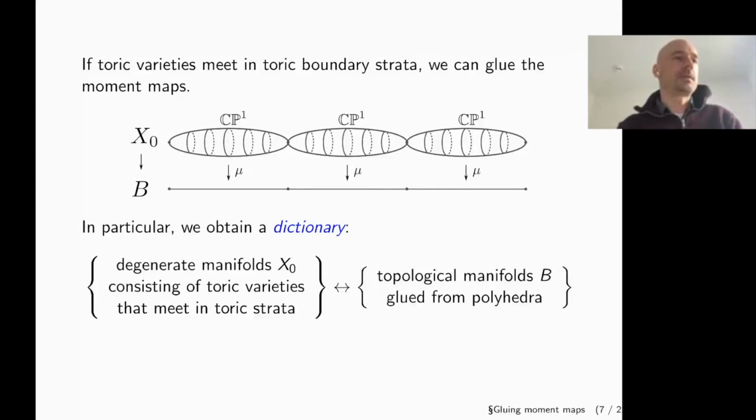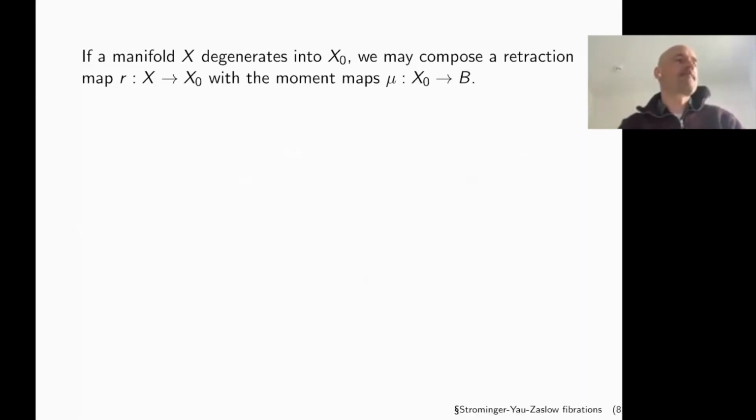You can go from degenerate spaces to topological manifolds, real manifolds. And we want to use this and enhance it to a torus fibration. Now, this degenerate manifold is not quite a Calabi-Yau. This is because it is very singular. But what you can do, as in the beginning of the talk with the video, you can start with a smooth Calabi-Yau, like a K3 surface, and you degenerate it in a family to a singular one, which is then a union of planes. The union of planes, by the way, is an example here.